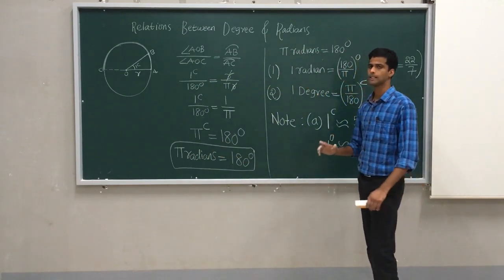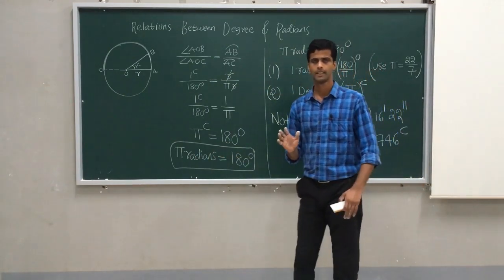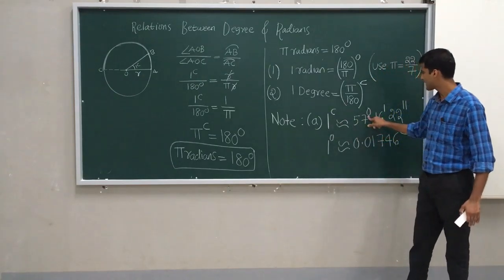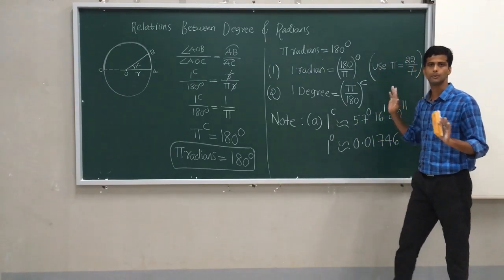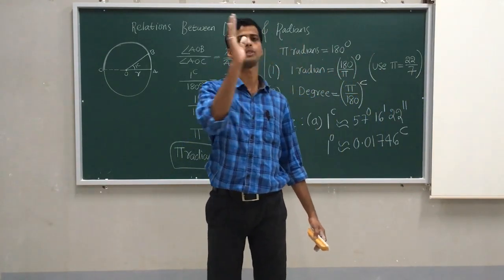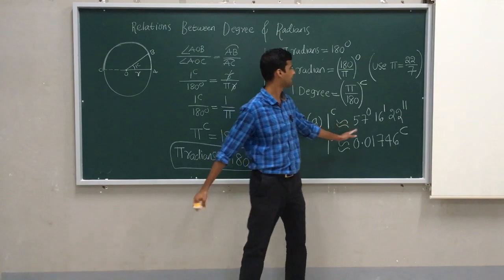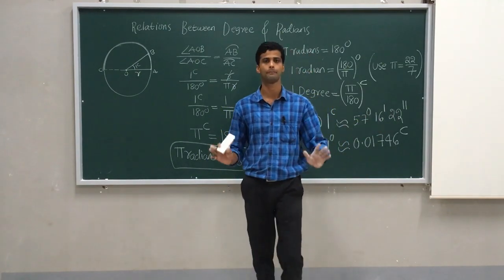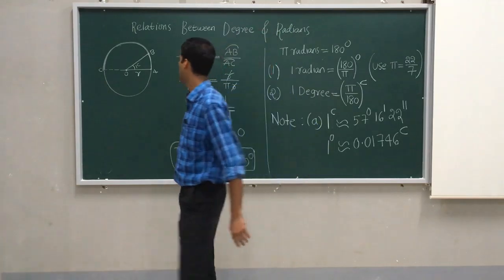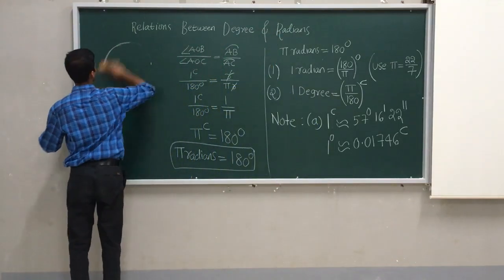And one more thing I will tell you now. If any question comes to convert radian to degree, try to keep it in degree, minute, second if possible. If it is not possible, keep it as it is. Okay, fine. So let me discuss some problems.